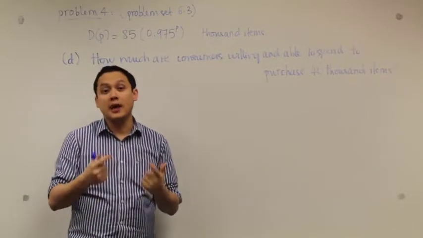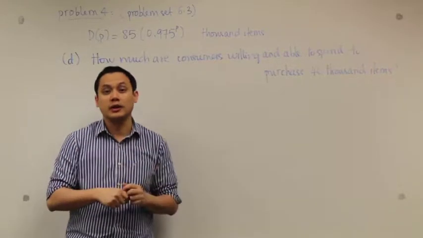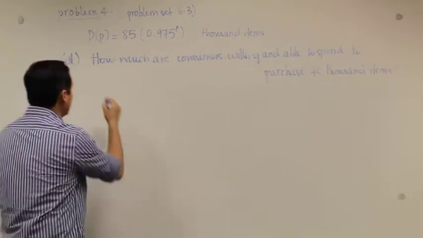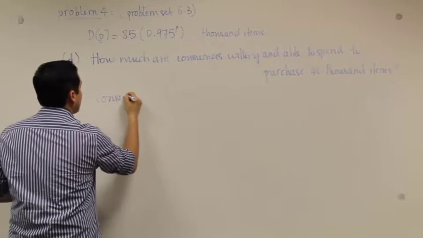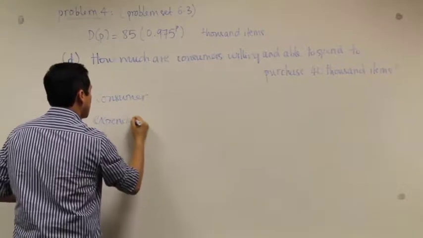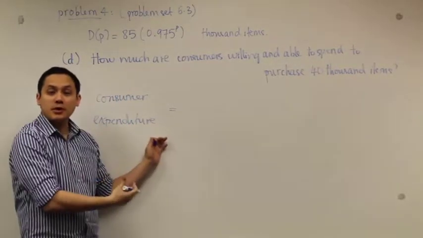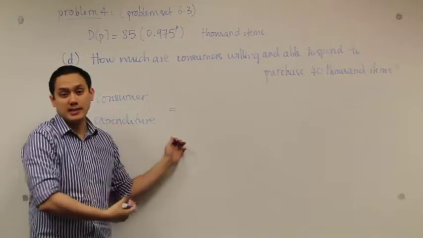So that means you have to calculate those values separately. Right? First, we're going to calculate consumer expenditure. So for the consumer expenditure, this is equal to the set market price multiplied with the quantity demanded.